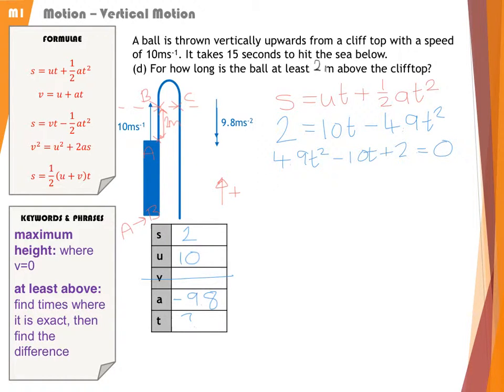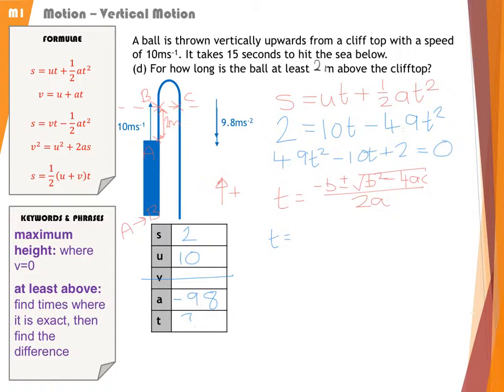I can then use my quadratic formula, T equals minus B plus or minus, and the rest of this formula, which remember you need to know off by heart. Substituting all this in gives us our two T values.